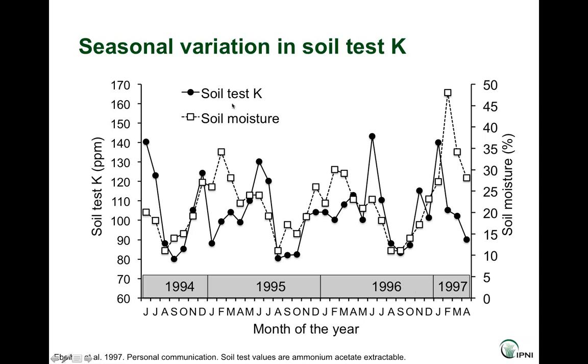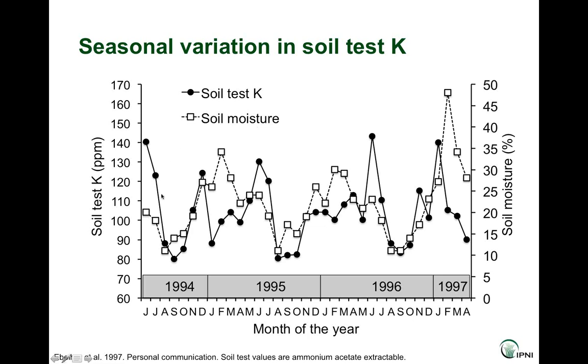And here you can see the black dots are the soil test K, and you can see how much that varies over time with no change in management. And so levels can go from 140 parts per million down to 80 parts per million, and they fluctuate over time. The other thing that we have plotted here is soil moisture.